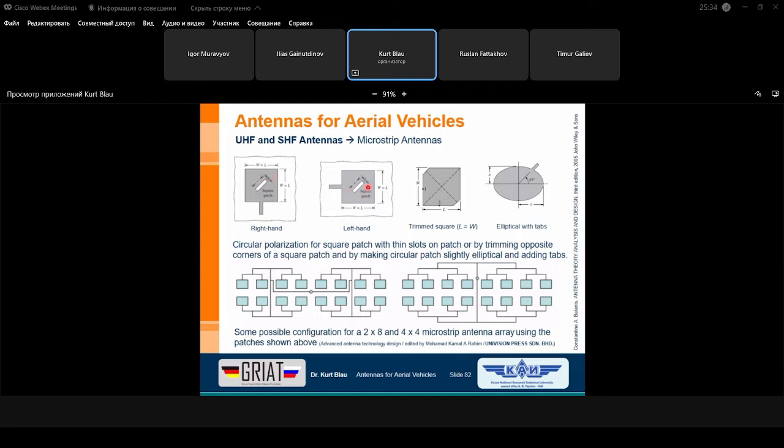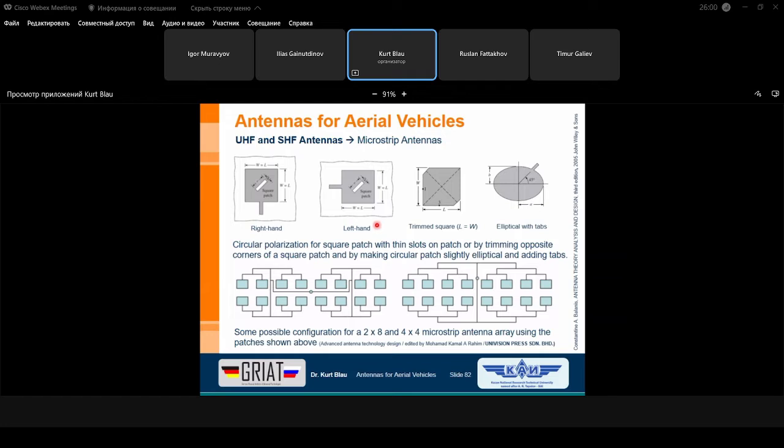You can see here, if we turn it by 90 degrees, so that also the feed point is on this side, then it's clear that the slot in this rectangular patch is perpendicular regarding this one. Meaning we use this patch slot in this direction, then we have the left-hand polarization.